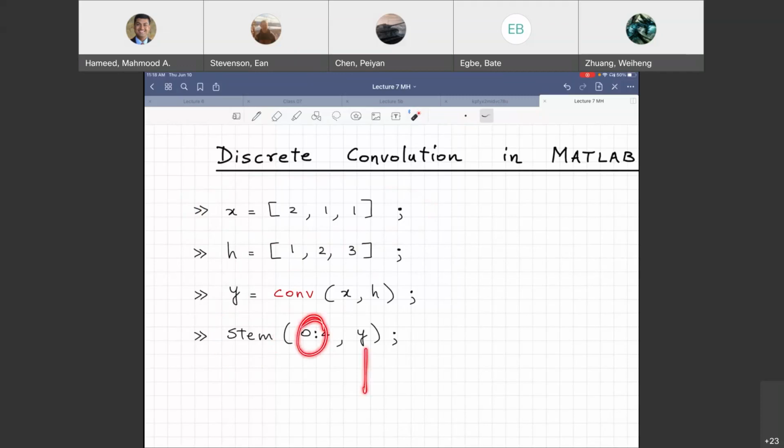Why did I use 0 to 4? 0 plus 0, 0. 2 plus 2, 4. Right? Those are the times at which those values are there. Stem 0 to 4, y, you will be able to look at your result. So it's a quick and easy way to validate your work by hand.